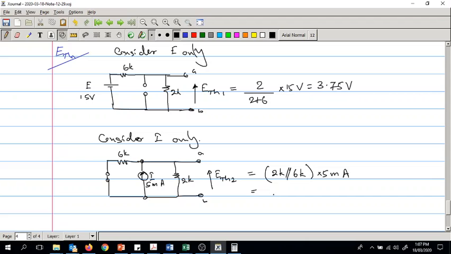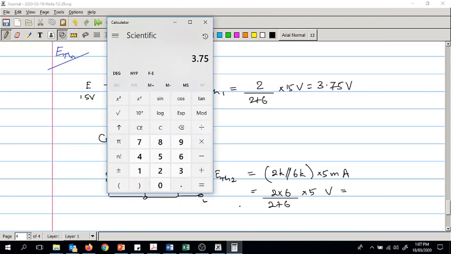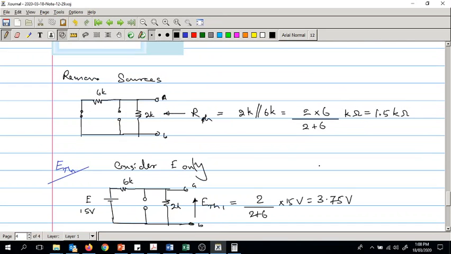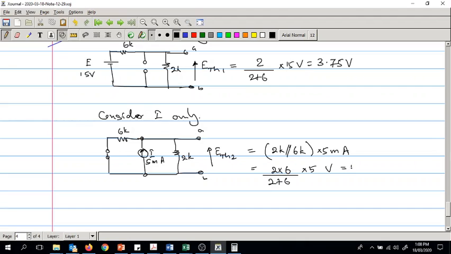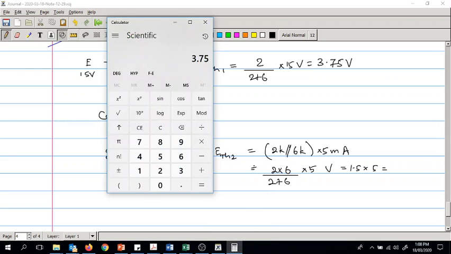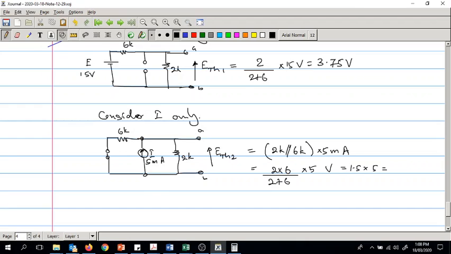So we can write it as 2 into 6 divided by 2 plus 6 into 5 volts, which is, now, we actually found this value. 2k parallel 6k is 1.5k, so it's 1.5 into 5, which is 7.5, if I am not mistaken. 1.5 into 5 is 7.5, and that's also positive, because the current goes downwards in here, so it's 7.5 volts.